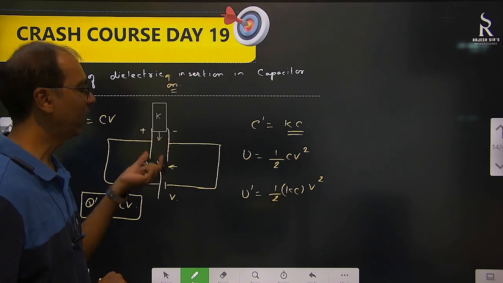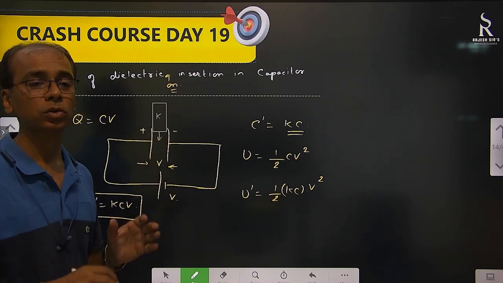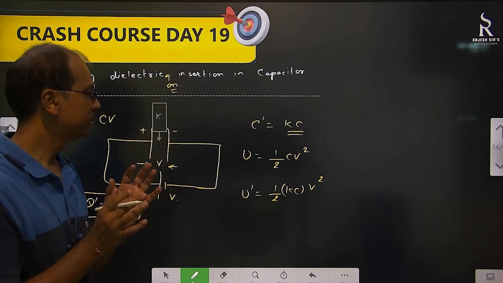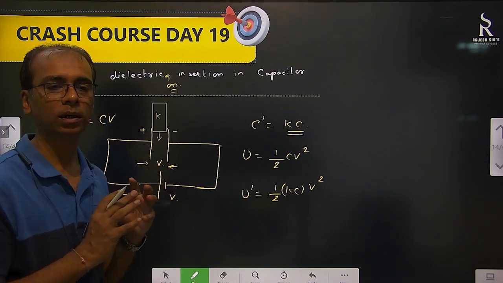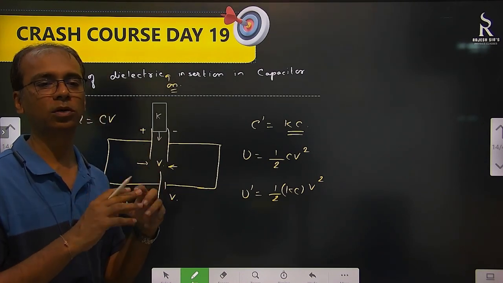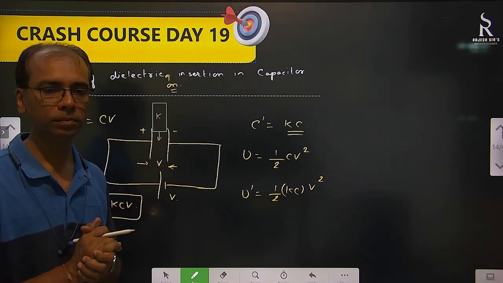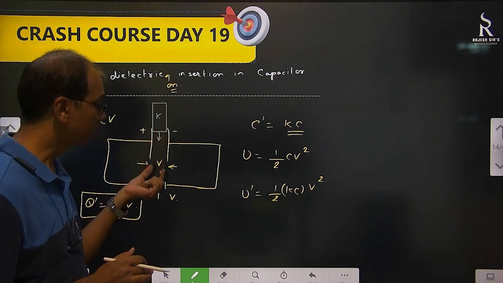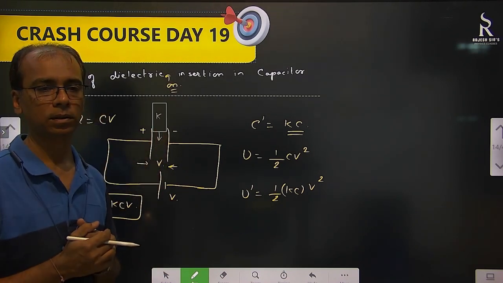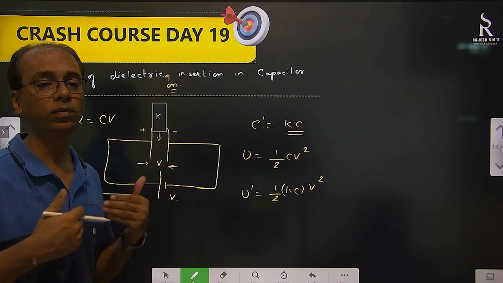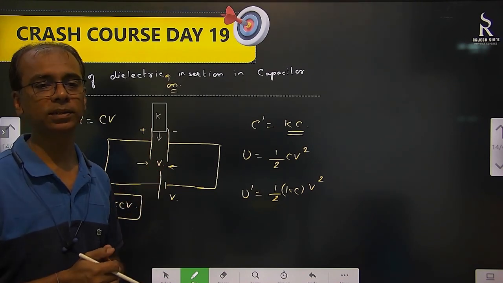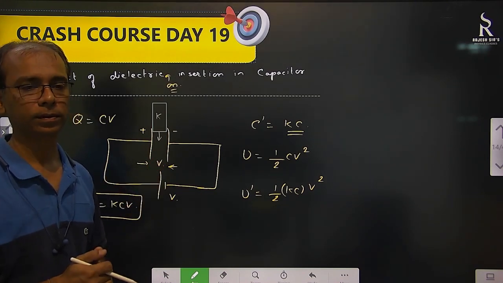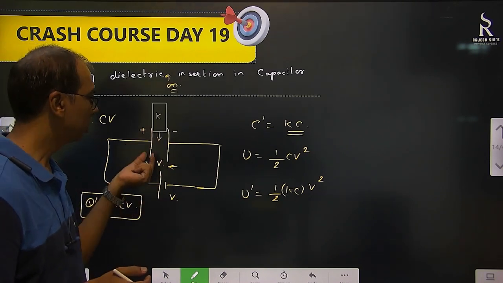Earlier there was only air. If you apply a certain potential difference over here, you can change air into a conducting medium. But if you put a dielectric, you require even more potential to make it a conductor. So that means you can give more charge to this.